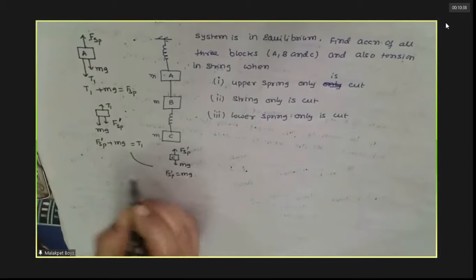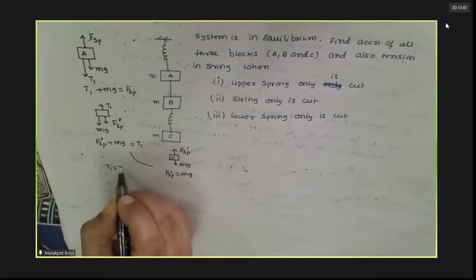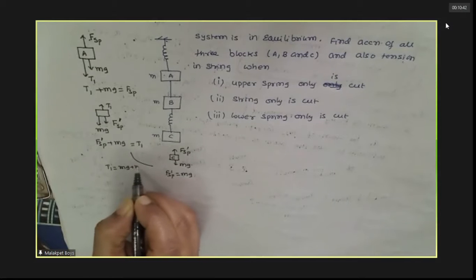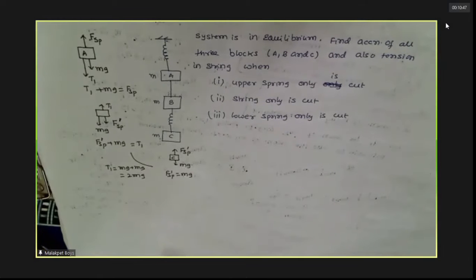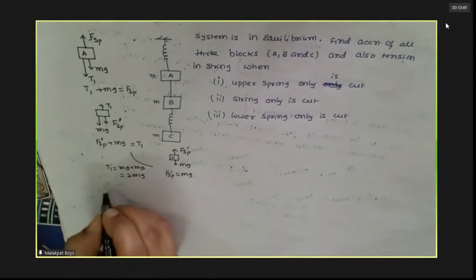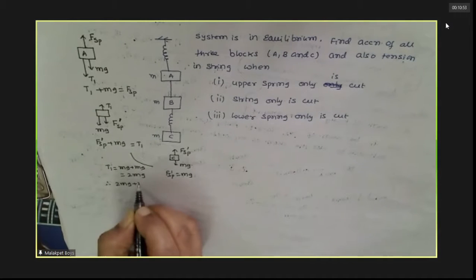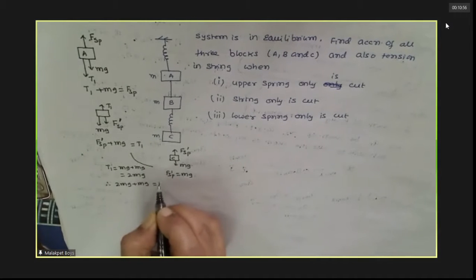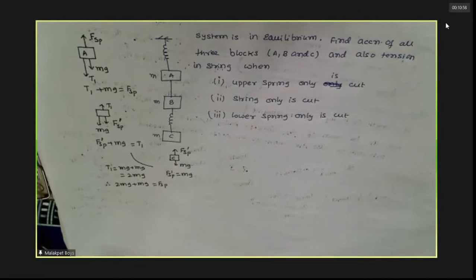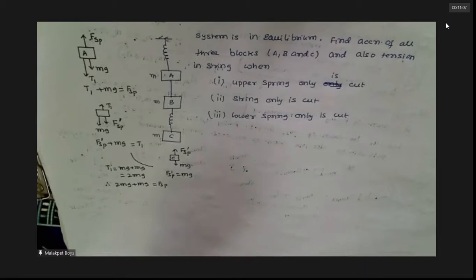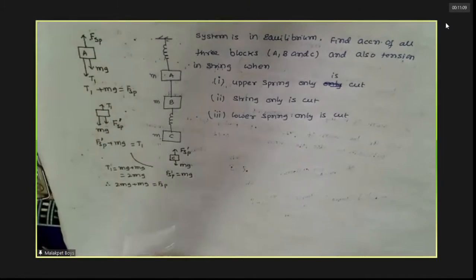Therefore, from these two, we can conclude T1 equals 2mg plus mg, so you got these equations. Any doubts till here? No, sir. Understood.